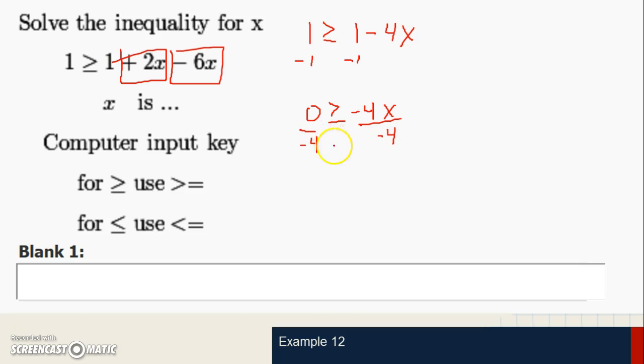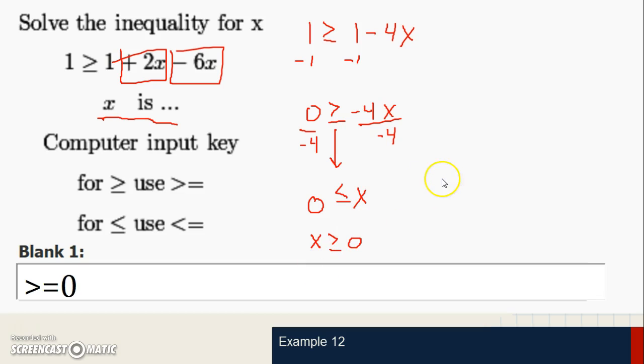That alarm's going off, isn't it? So that means my inequality sign is shifting. I divided by a negative, I need to switch my sign. So it changes directions, and I have 0 is less than or equal to x. Now I need to make sure that x is on the left-hand side because it says x is. So x is greater than or equal to 0. X was greater here, x was greater there, nothing has changed.